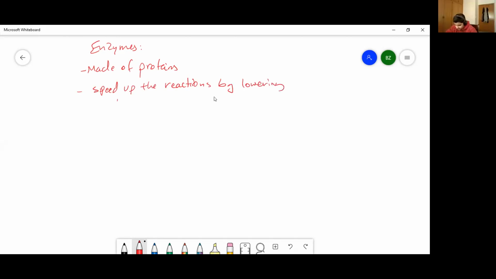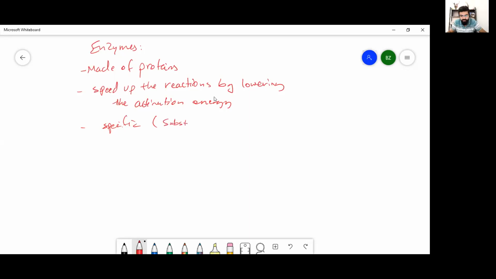And we said enzymes are specific. What does specific mean? It means that enzymes work on suitable, specific substrates, and specific substrates can attach to the active site of the enzyme.